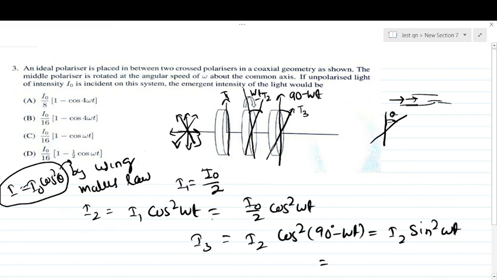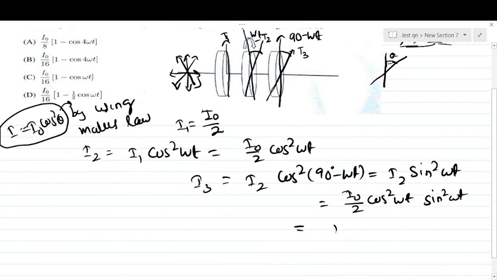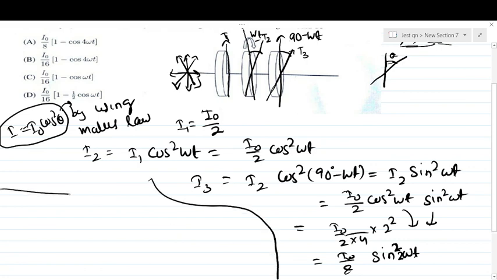So put in I2, I naught by 2 cos square omega t sin square omega t, and that gives I naught by 2 into 1 by 4 into sin square 2 omega t, so I naught by 8 sin square 2 omega t. But our answer is not in this format, so we have to change this.